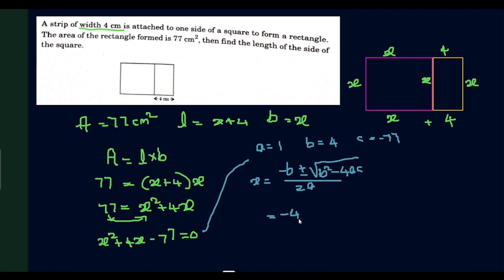Minus b, that means minus 4, plus or minus under root b square, 16, minus 4 into a c, 4 into 1, 4 into minus c, right? 4 into 77. Now what is the denominator? 2 into 1, 2. Now minus 4 plus or minus this value.